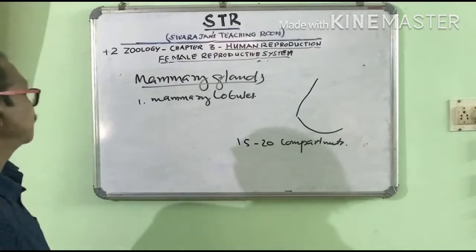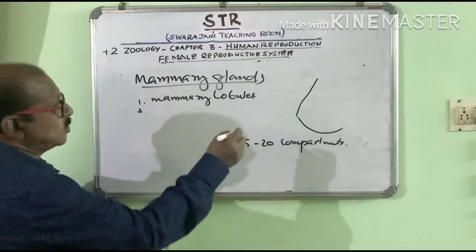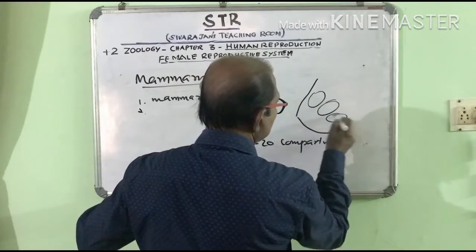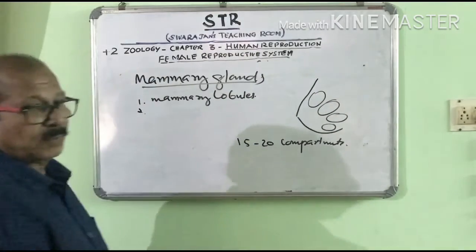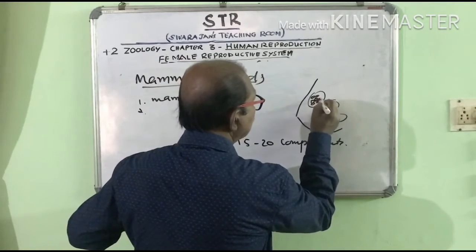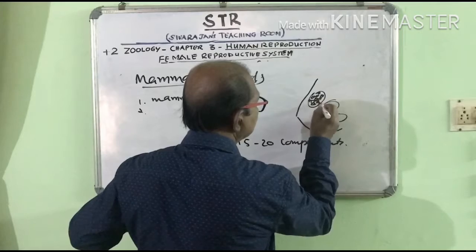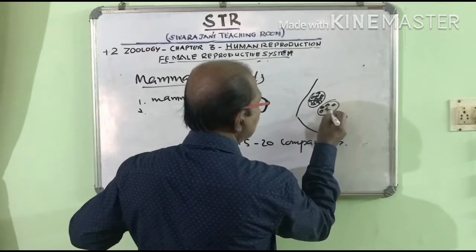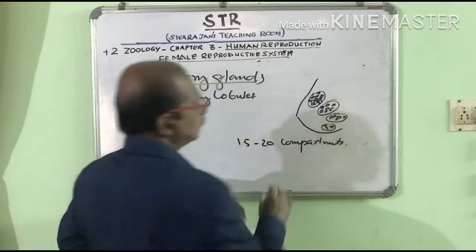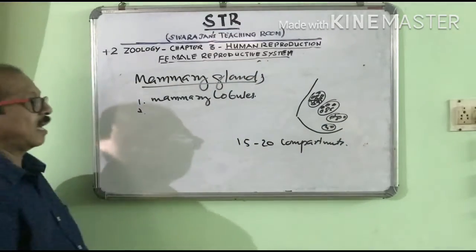And in each compartment, suppose this is the mammary lobule, and each mammary lobule has got thousands of small cavities. Each mammary lobule has got thousands of small cavities called alveoli.